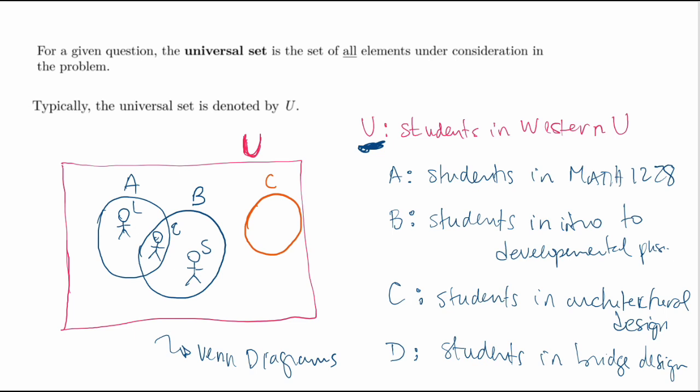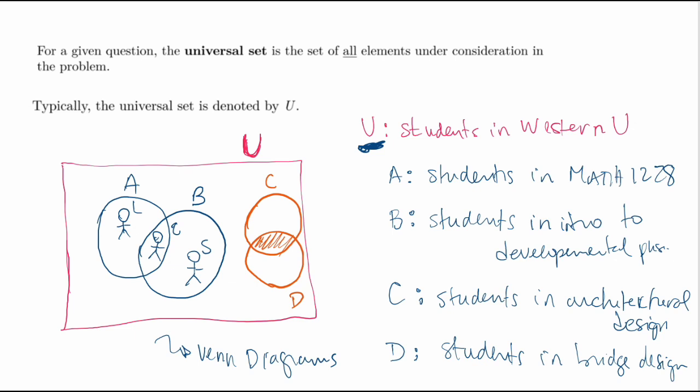So most chances are that C is not overlapping with A or B at any point, right? Because students in architectural design might have already taken Math 1228, and for sure they're not taking developmental psychology. Now I can depict also D, and now I'm overlapping them, because for sure some students in the engineering department are doing both bridge design and architectural design. Okay, so students here are inside both of the courses.